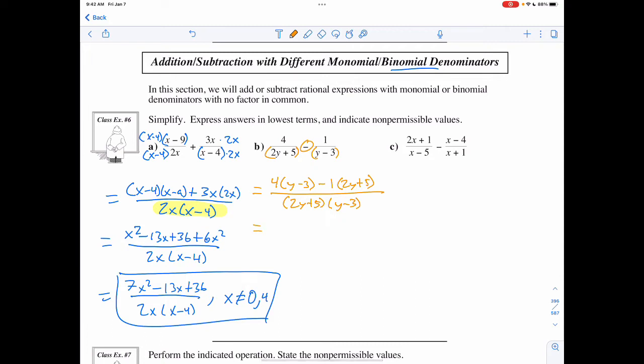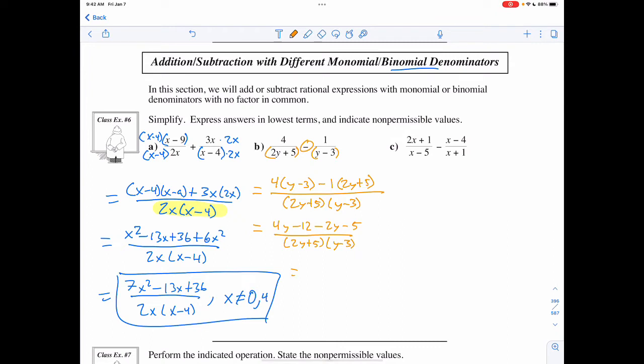I'm going to expand it out, and I'm going to get 4y minus 12 minus 2y minus 5 over 2y plus 5 and y minus 3.